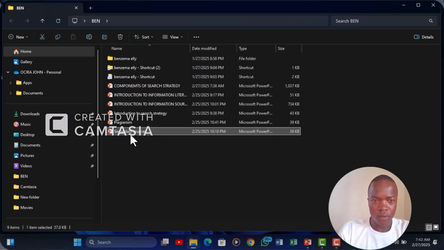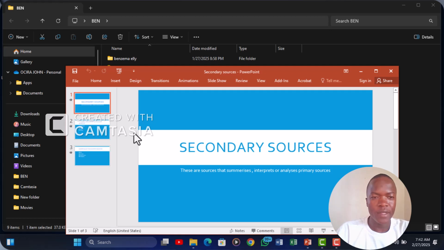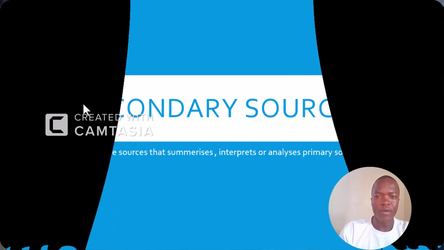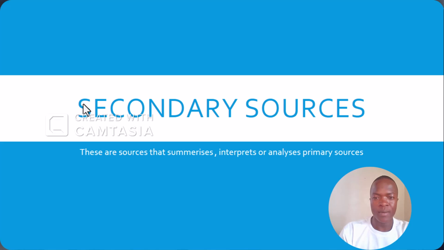The characteristics here: one, they evaluate information. Two, they are interpretative. This is what we said earlier, that secondary sources summarize, interpret, or analyze primary sources.